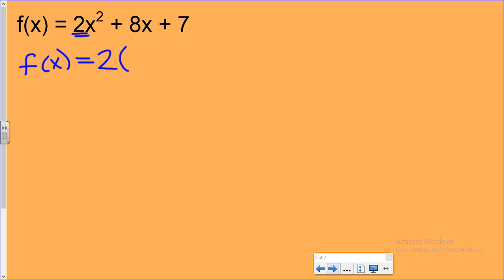But since we know we need the plus k at the very end, to avoid fractions or complicated numbers, you really only need to factor out that leading coefficient from the x terms, and we can leave the plus 7 outside of the parentheses at the very end. We're adding 7. It is not being affected by the 2, so we can leave it at 7. And that'll help us get our k at the very end.